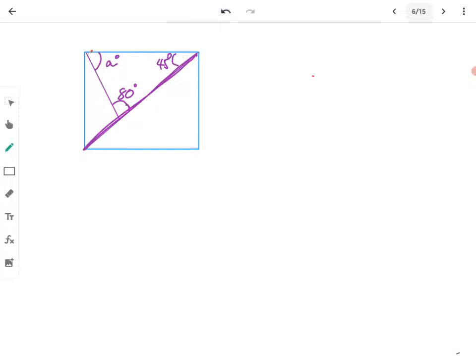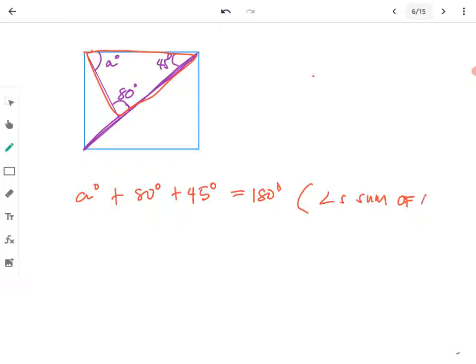Notice that you can add all these angles. So you say 80 degrees plus 80 degrees plus 45 degrees equals 180 degrees. That is the angle sum of the triangle.